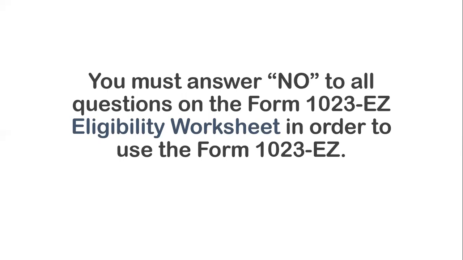If you answer yes to any of the 30 questions, then you cannot use the Form 1023-EZ. You would not be eligible. You must answer no to all 30 questions in order to use the Form 1023-EZ application to apply for 501c3 status from the IRS.